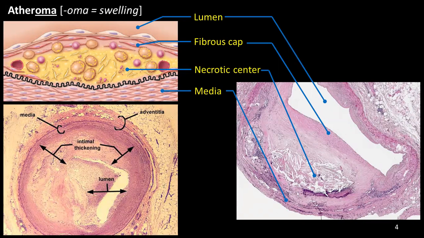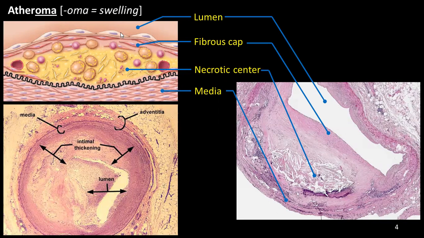So it produces a bulge within the arterial lumen. So what are the contents within that swelling or atheroma?